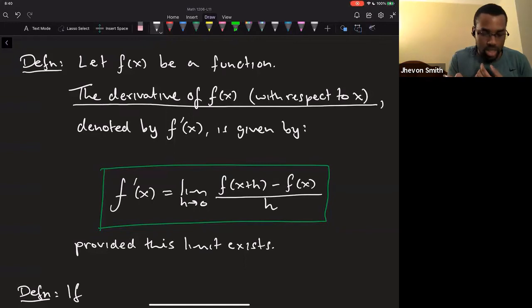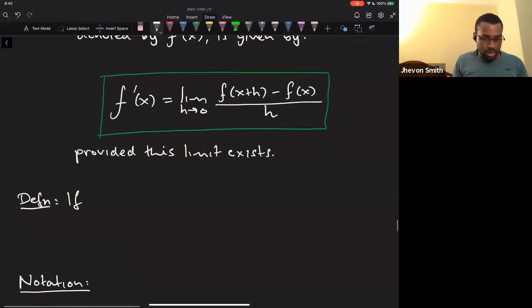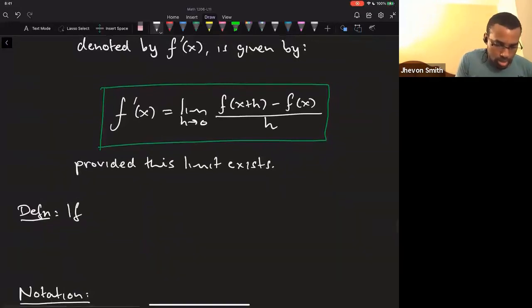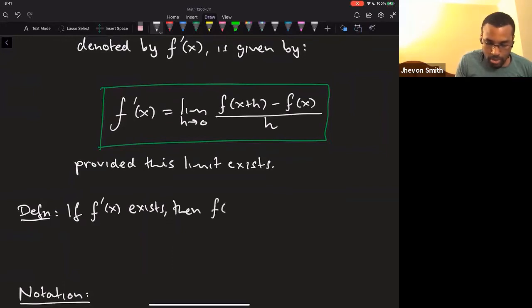That's what that little notch there is called. It's called a prime, and it's that limit. And I did want to mention here, if f prime of x exists, then, because I'm going to use this later on, f of x is called differentiable.